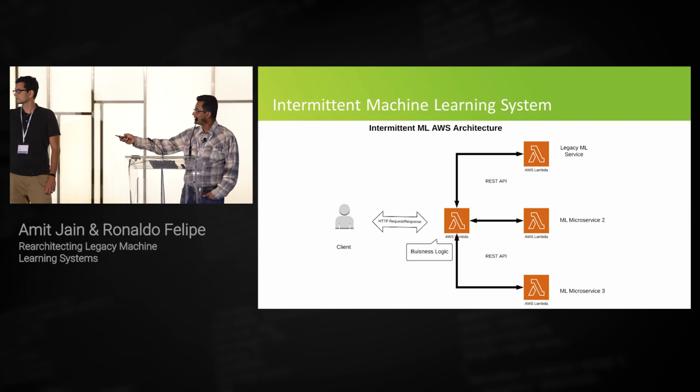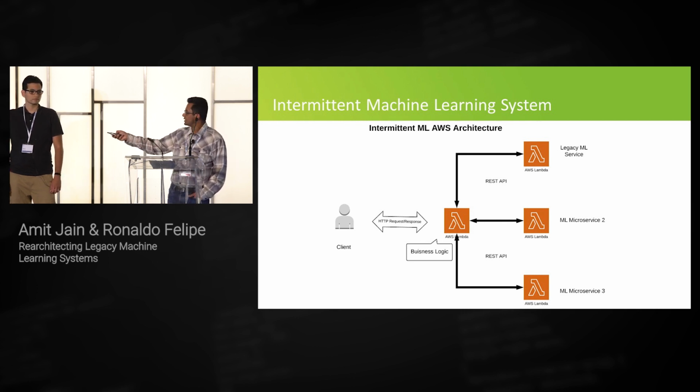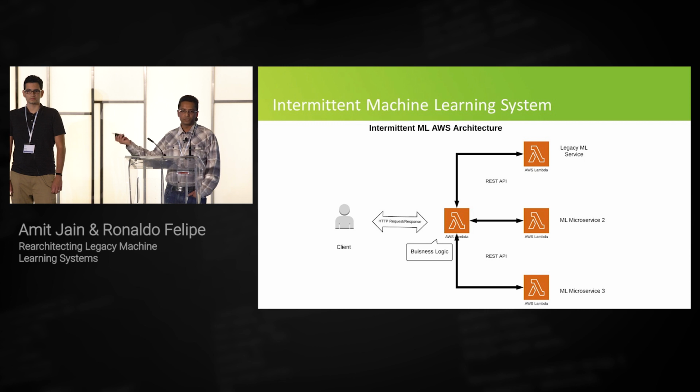So the client is hitting this API, and then we have a sort of mini microservice model where you hit all 3 APIs over the REST interface, and then you add some business logic in the front end Lambda, and based on your use case, you start picking this service, or a combination of others.